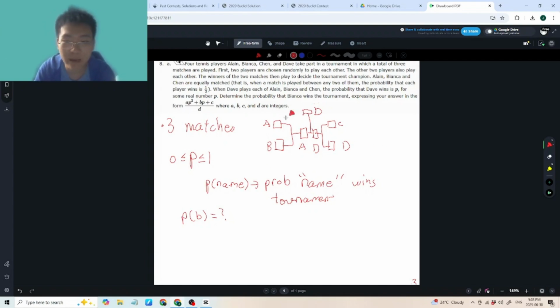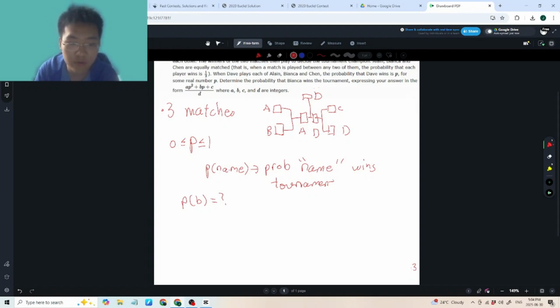If we go back to our example here, we'll notice something very interesting. Look at Dave. He plays against C, moves on to the second round, where he plays against A, and then wins the whole tournament. In fact, the winner of the tournament is always going to play and win 2 matches in the tournament. They have to win the first round as well as the second round, like what Dave did here.